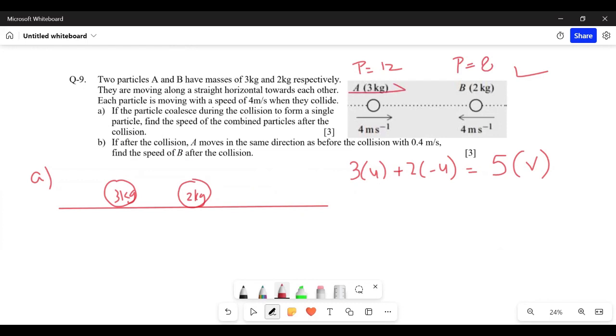So that means after collision, the particle will move in the direction of the object which had the higher initial momentum. So it's going to move towards the right. So the velocity is going to stay V, not minus V. Okay, this gives V equals 0.8 meters per second.